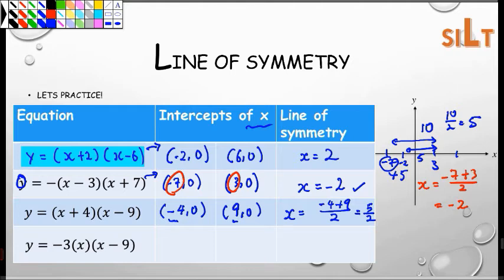Now the last one, to find the x-intercept, again I let y be 0. I will have this is 0, 0, and this is 9, 0. Similarly, to find the line of symmetry, I take 9 plus 0 divided by 2, and this will be 9 over 2.